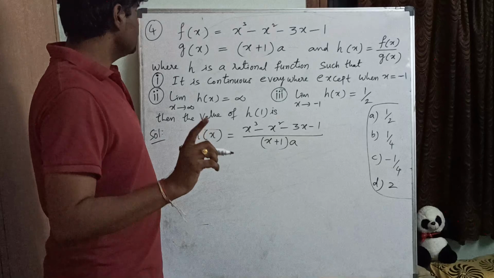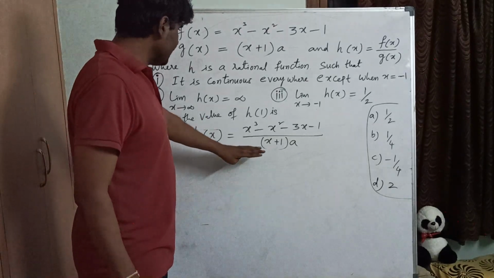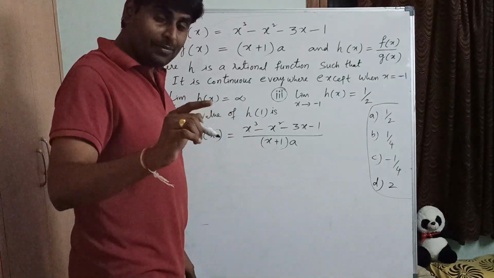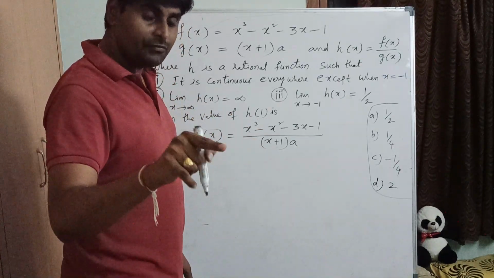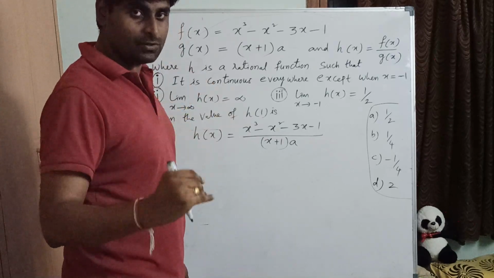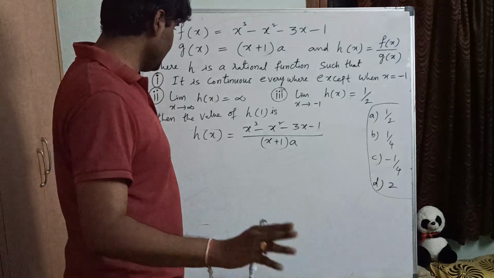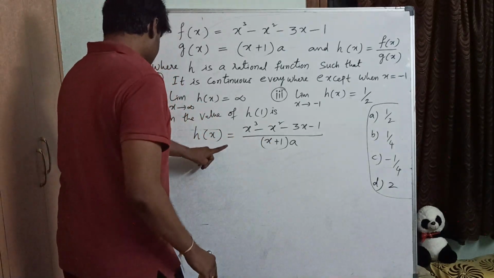Now generally, when can you say a limit exists for a function? If numerator and denominator both give you 0, the function must be in the form of 0 by 0. Then only we can say the limit exists for that function. So what was given?